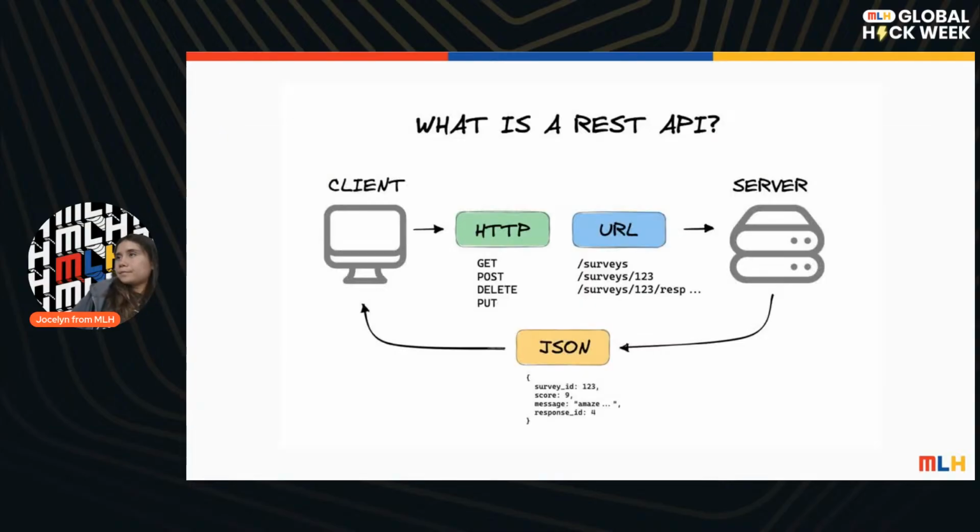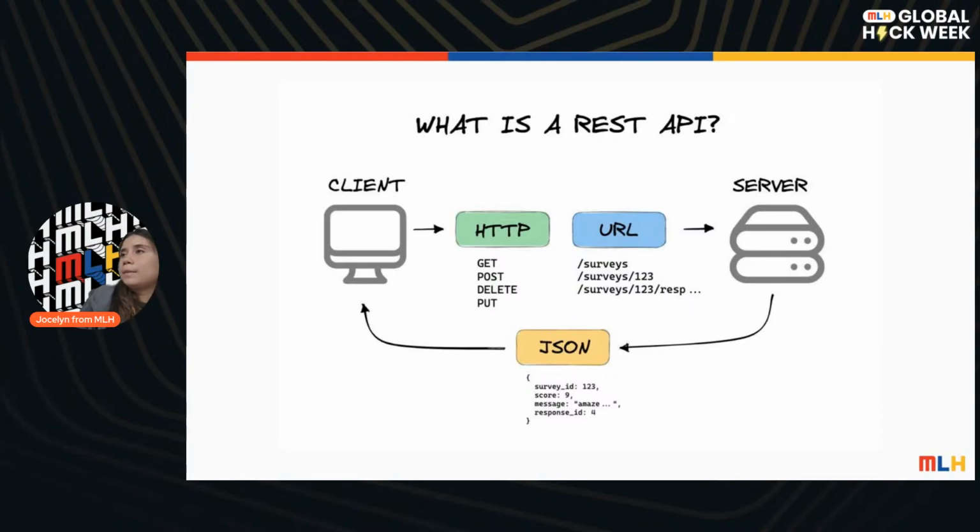Okay. So now getting into more of the format of what is a REST API, or more exactly what is an HTTP request. So being more technical about that, we have our client in here, which is our application, or in this case, is a computer. Then we are doing an HTTP request, and an HTTP request contains several things.